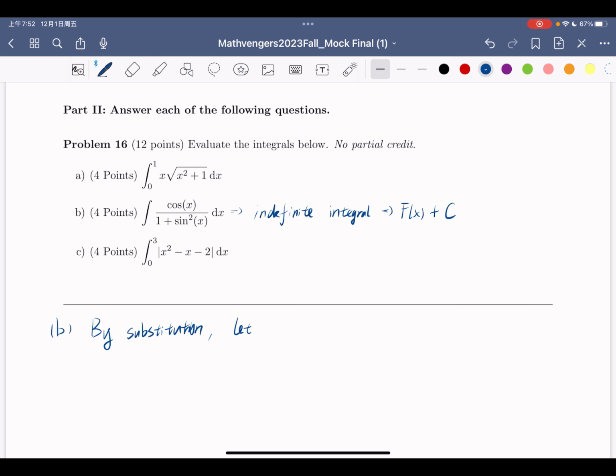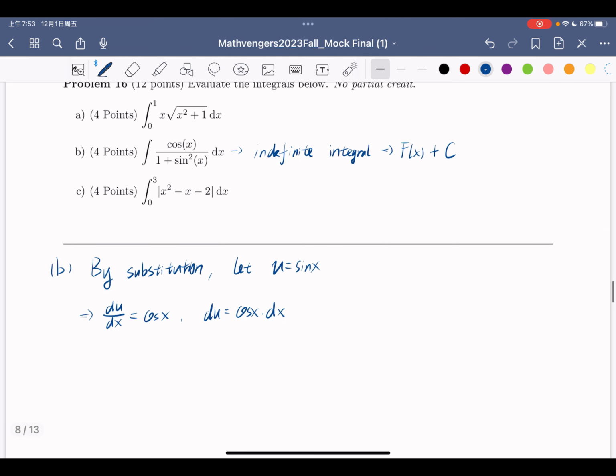We let u equal sine x, because here sine x is squared. It's very difficult for us to directly compute this, so we try to change it into something easier. We let u equal sine x, so du over dx is cosine x, and du is equal to cosine x dx. Now you can see here we have cosine x dx, so we can directly change this into du.